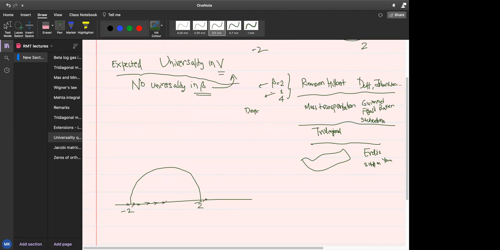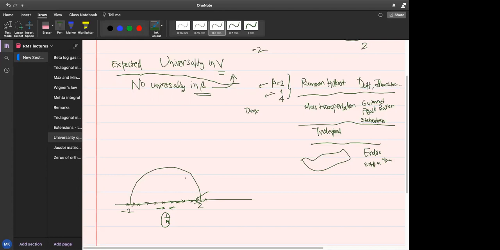So what are going to be the gaps between eigenvalues? Since n of them are packed in an interval of constant length, this would be like 1 over n. However, that is not quite true at the edge. At the edge, the behavior is different. And what is the behavior there?